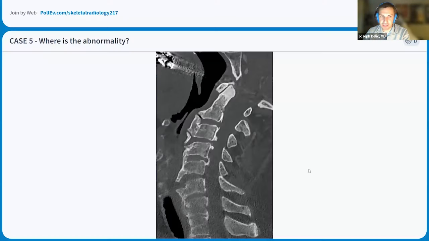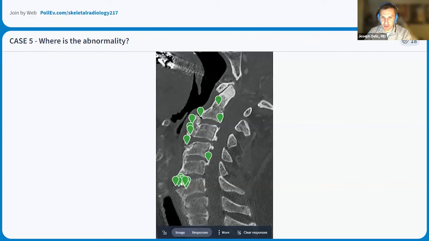All right, next case, number 5. Where is the abnormality? All right, so we have a big cluster down here in the mid-cervical spine, a few scattered up here, but I like this cluster down here, right?